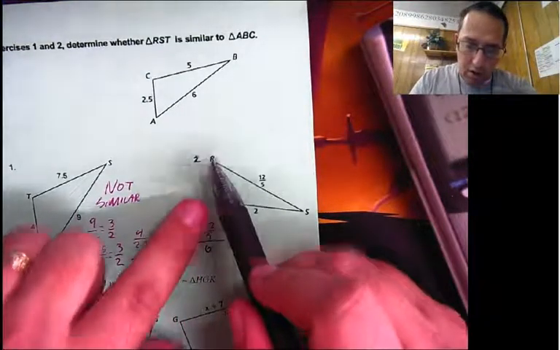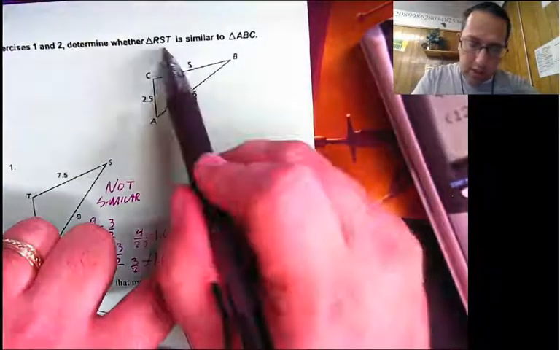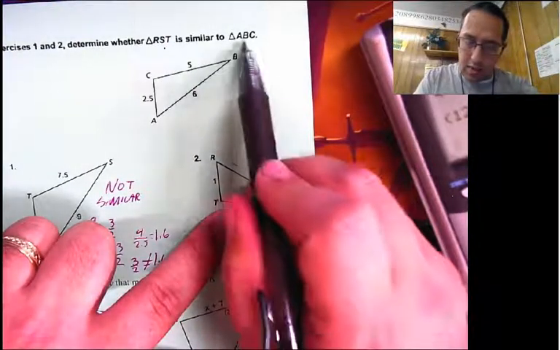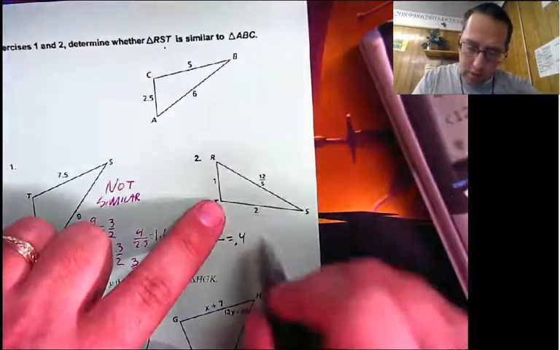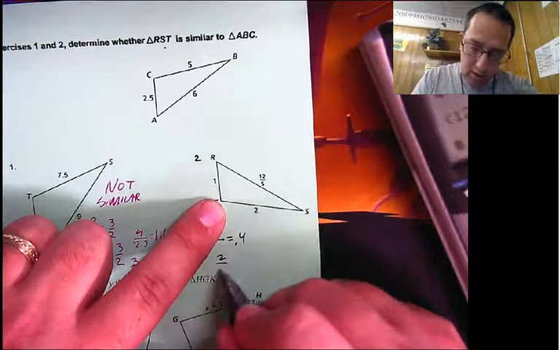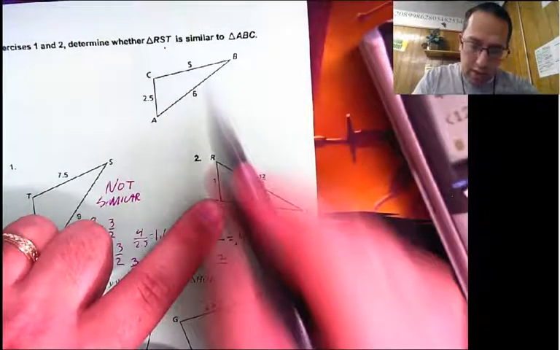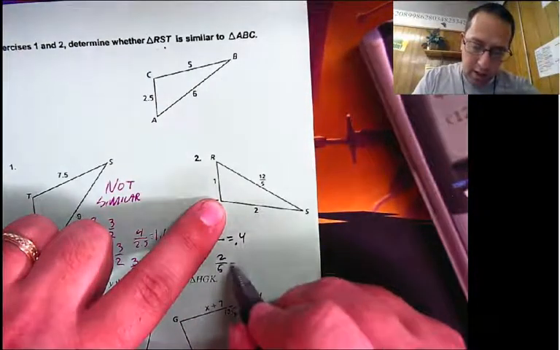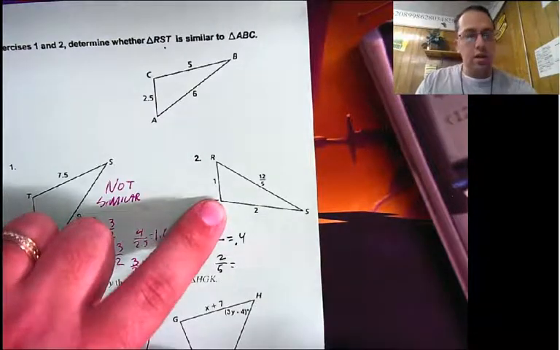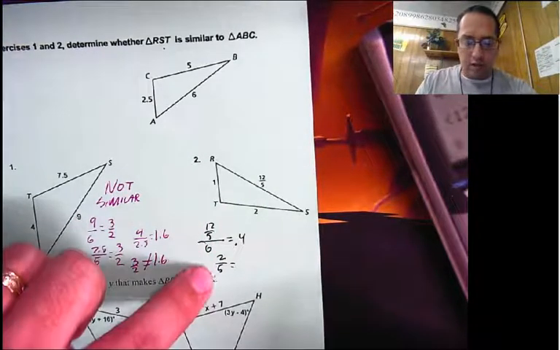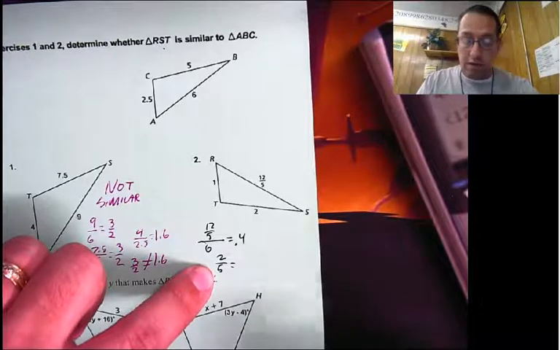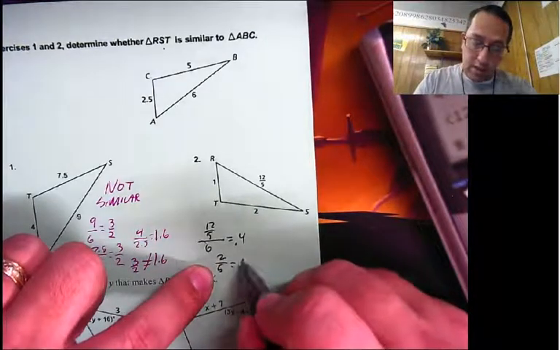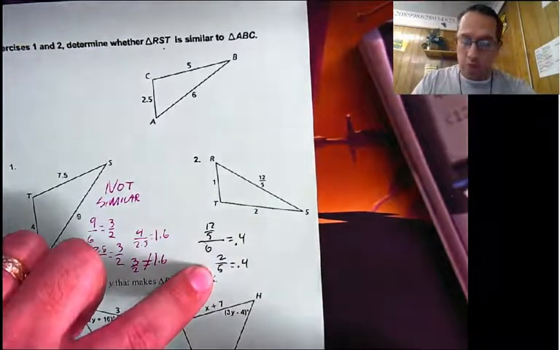We'll go with ST because that's next here. We have ST goes with BC. So ST is 2, BC is 5, which y'all should remember your fractions to decimals. 2 over 5, 2 fifths is 0.4. Again, so far so good.